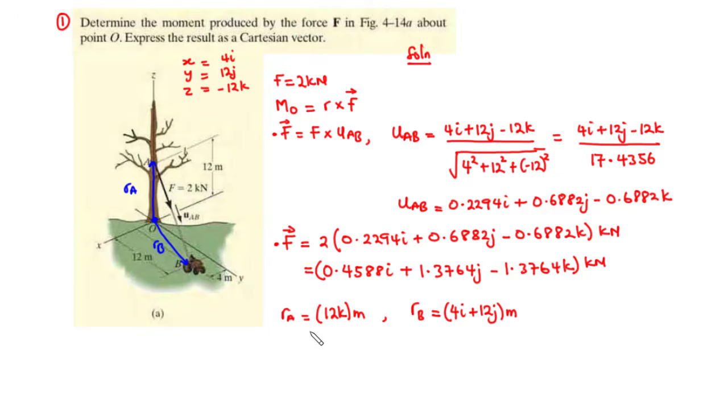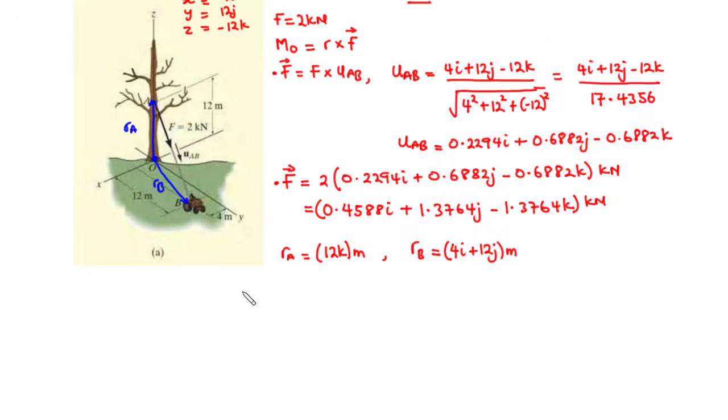Now looking at the two values, you realize that RA looks simpler, so for the sake of this example, we are going to consider the moment to be the cross product of RA and F. You can as well consider the cross product of RB and F, and you are going to obtain the same value of moment.